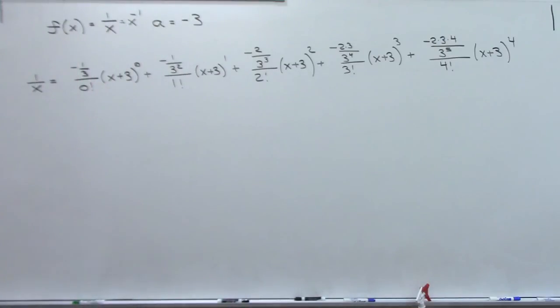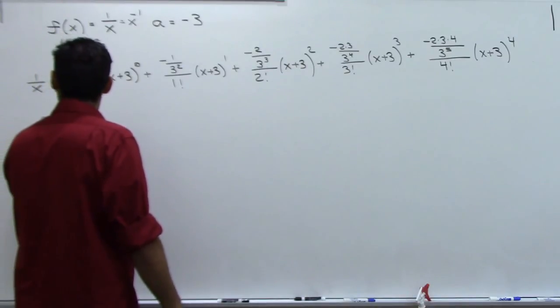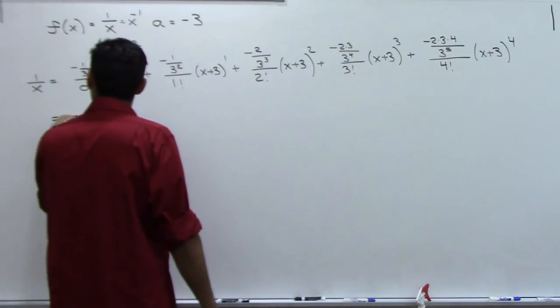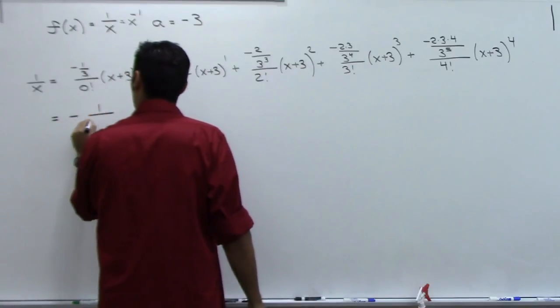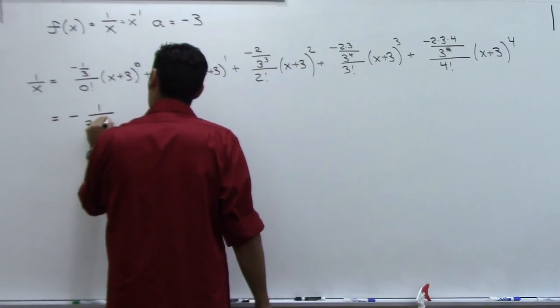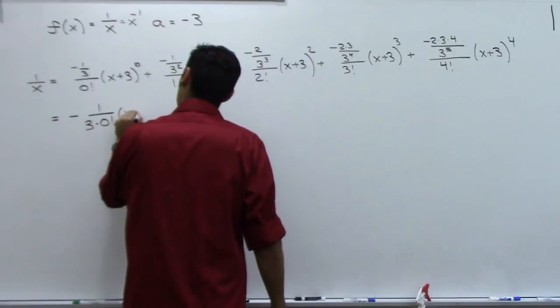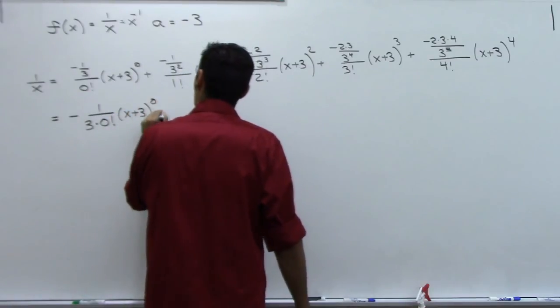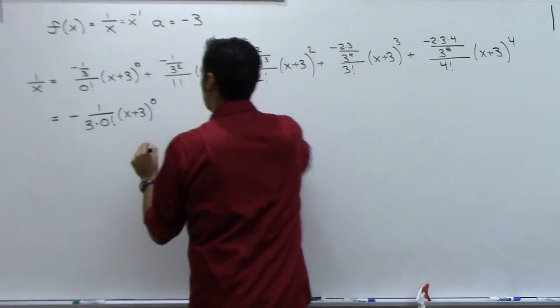So I'm wondering if I should flip again to make it easier for you to see. This is negative 1 over 3 times 0 factorial, x plus 3 to the 0. And then this is going to be another minus.